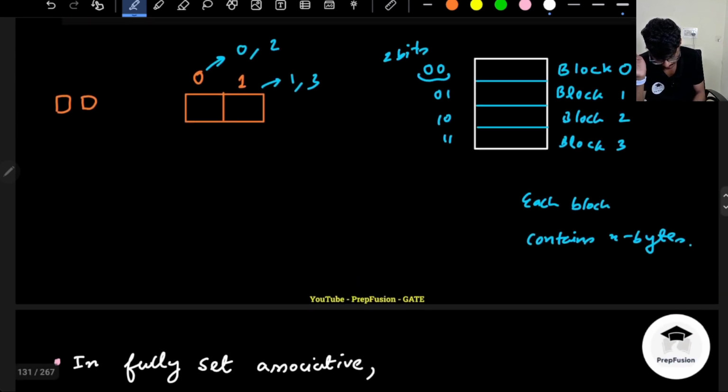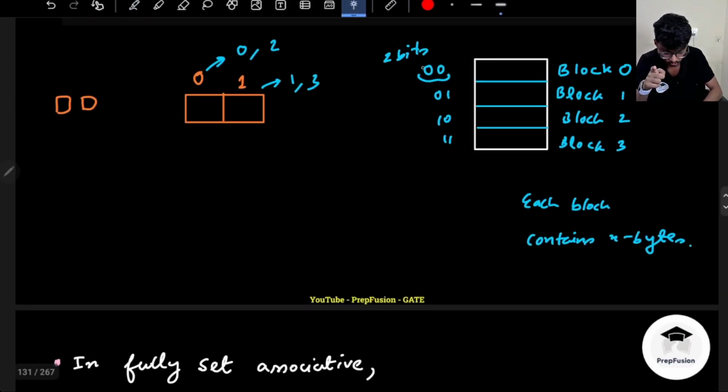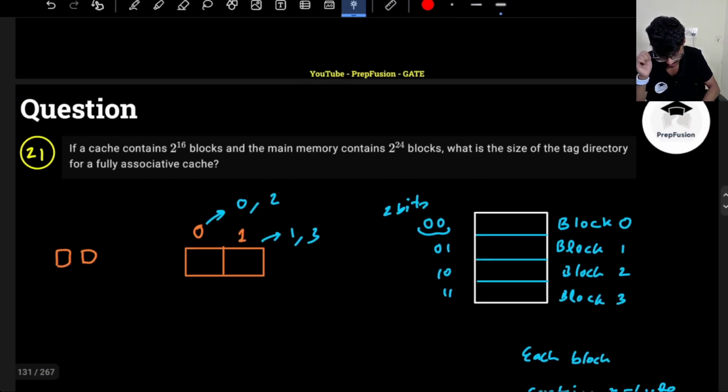Here I had 4 blocks, so log of 4 is 2, that's why I require 2 bits for the tag field. If I had 8 blocks, log of 8 is 3, so I will require 3 bits for the tag field. So let's go back to the question.